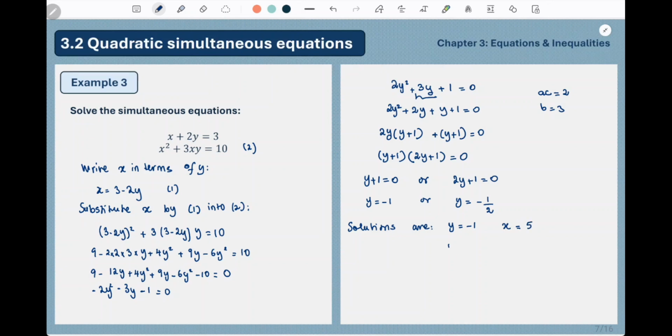And for y equals minus 1 over 2, in this case x is going to be 3 minus 2 times minus 1 over 2, so 3 plus 1, which is going to be 4. So that's just simple substitution. I've used this equation and substituted the y values I've found to find x. And this marks the end of our session, and I shall see you in the next one. Bye.